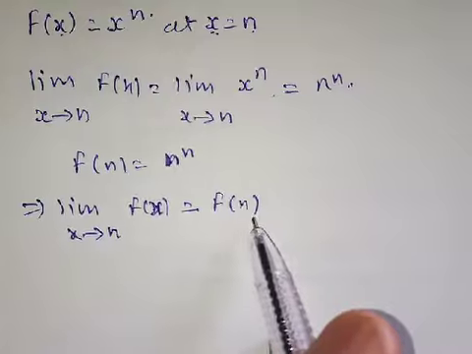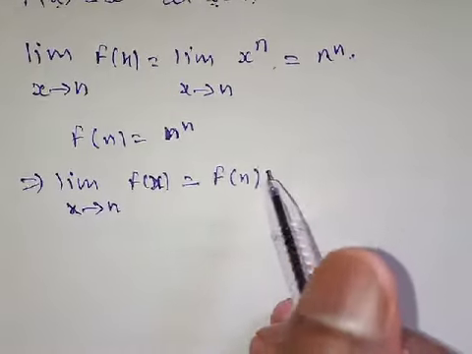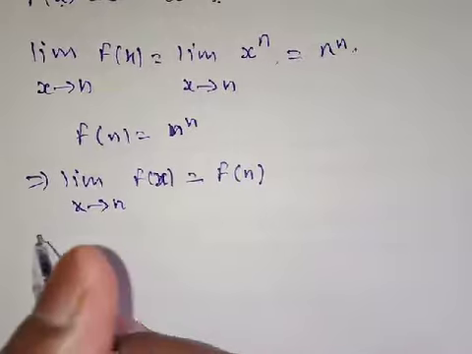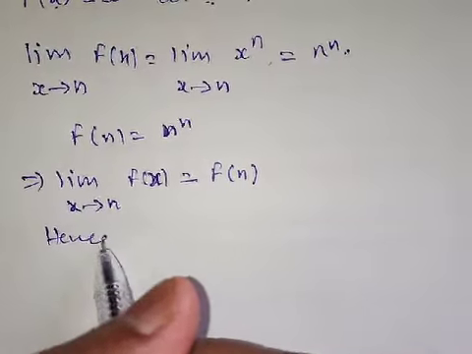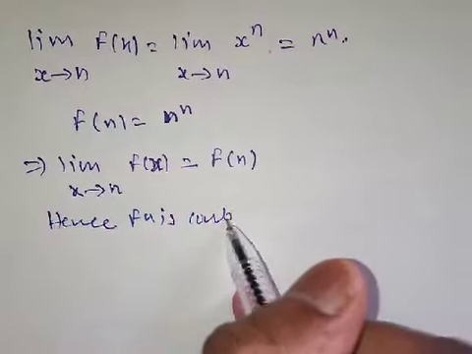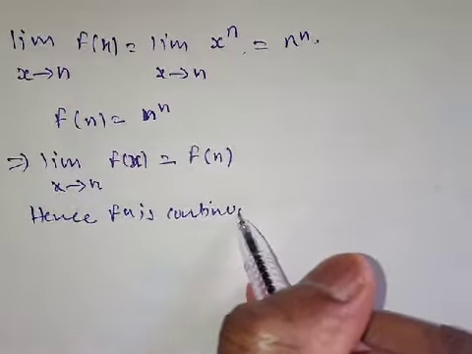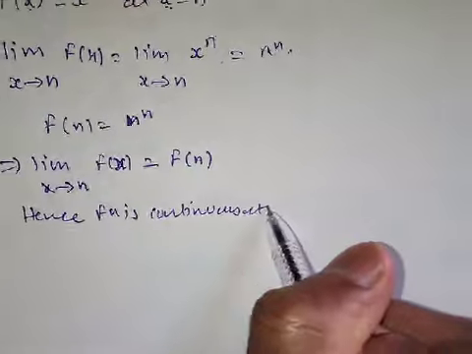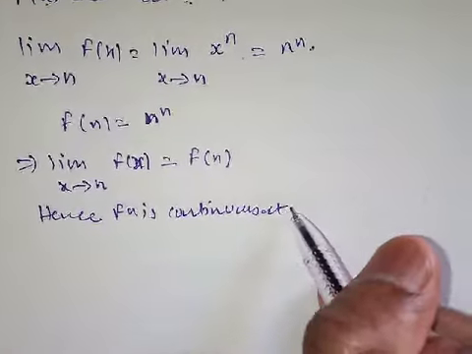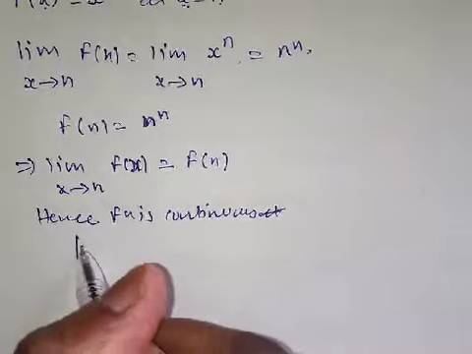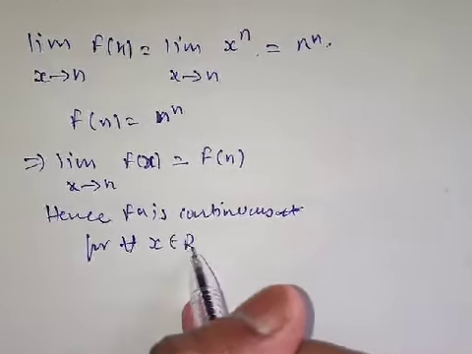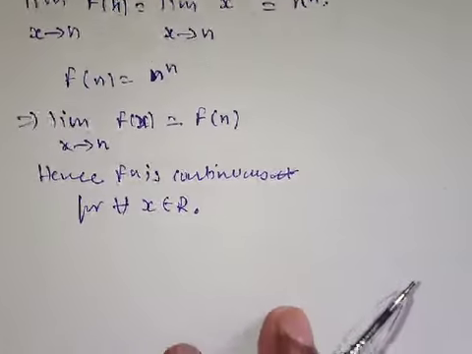So it is proved that the function is continuous at n, or we can say for every x belongs to R. This is the first method.